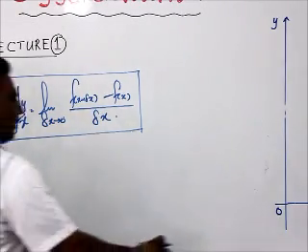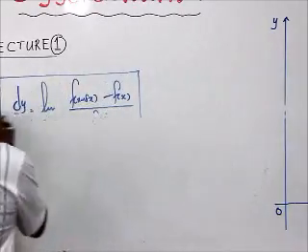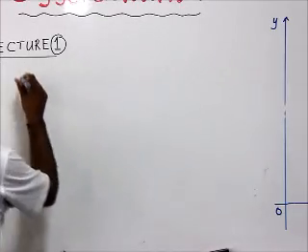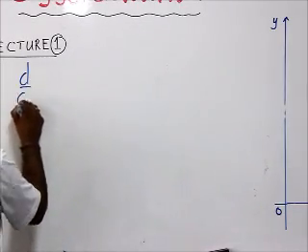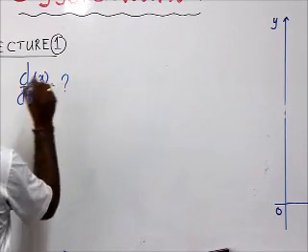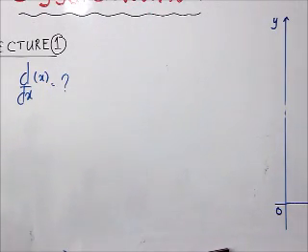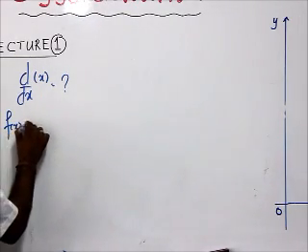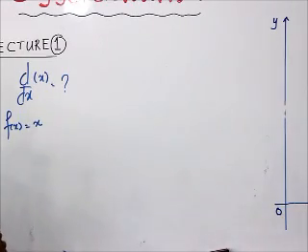For example, we will find the differentiation of x. This is the first theorem: d by dx of x is equal to what? We can say the function is f of x is equal to x.